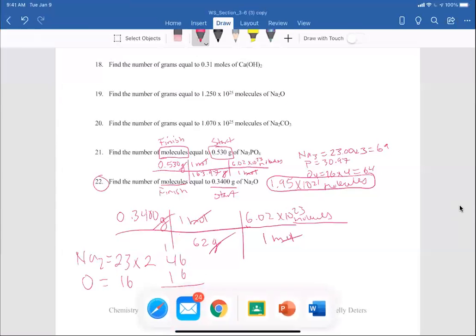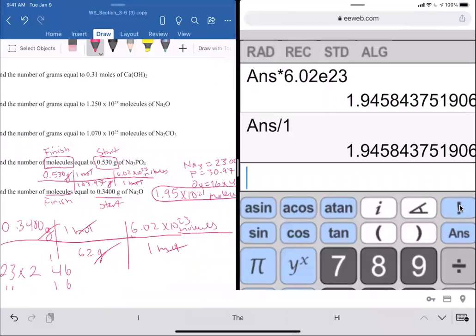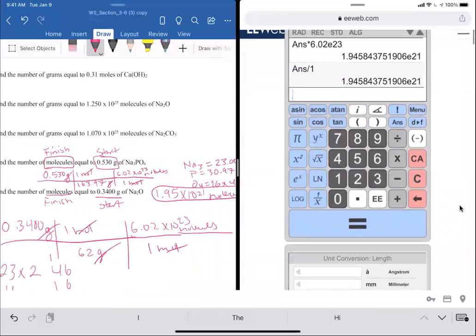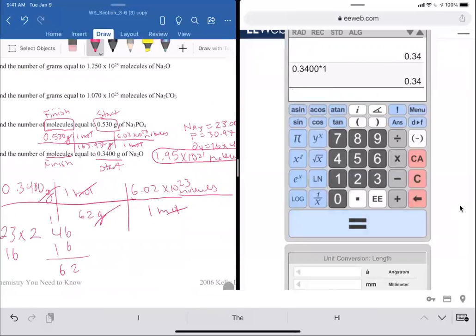And then when we do our multiplication, we need to make sure we do it correctly. So we are going to do 0.3400 times 1, divided by 62, times 6.02 E 23, divided by 1.